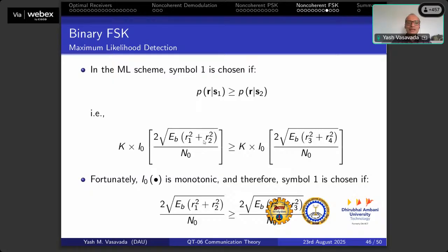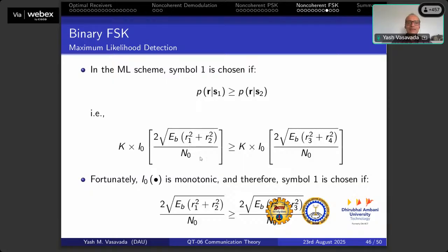It will never be that R1 squared plus R2 squared is smaller than R3 squared plus R4 squared, but once you plug them in I0, suddenly the output becomes stronger. That doesn't happen with this modified Bessel function of zeroth order. That is this monotonicity property. So mathematically, I am completely justified in ignoring even this I0 function.